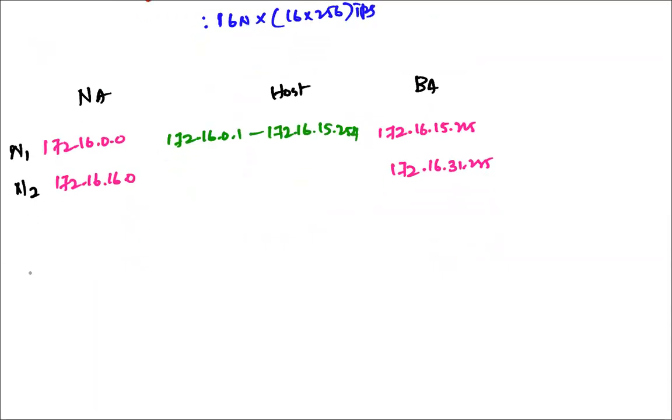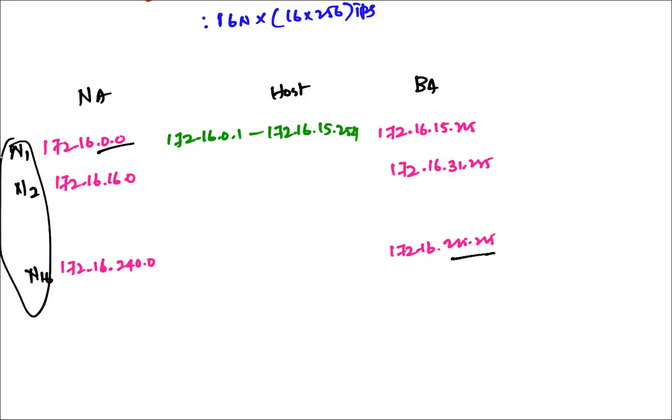Finally, what is going to be network number 16, the last network? 172.16.240.0 and then 172.16.255.255. Again, the same concept: we start with 0.0 and end with 255.255. We have 16 networks, and each network has 16 into 256 IPs. Clear?